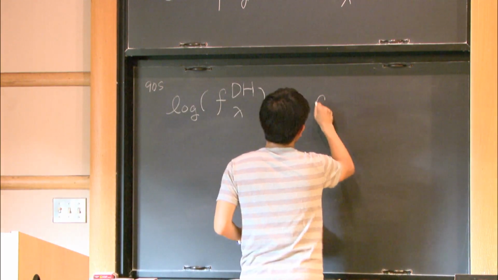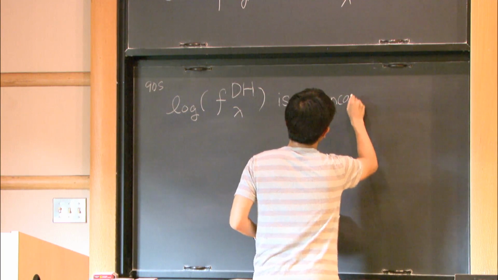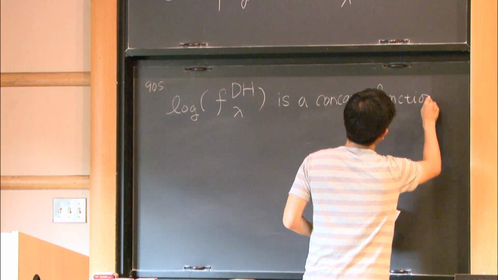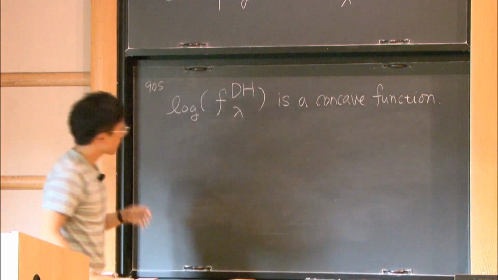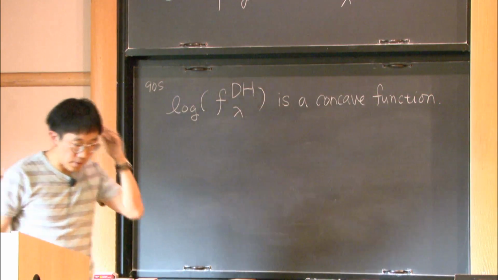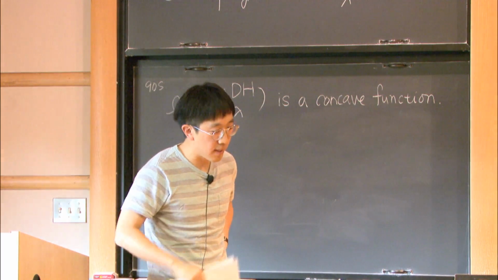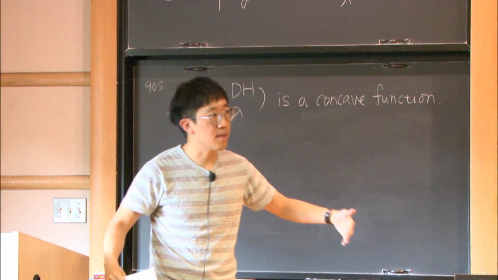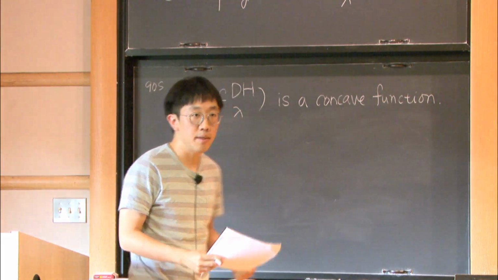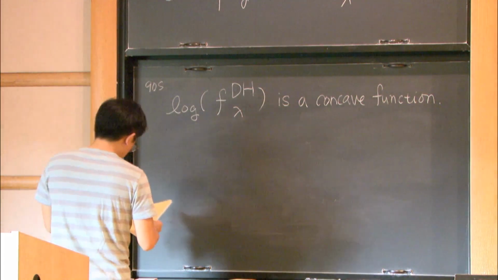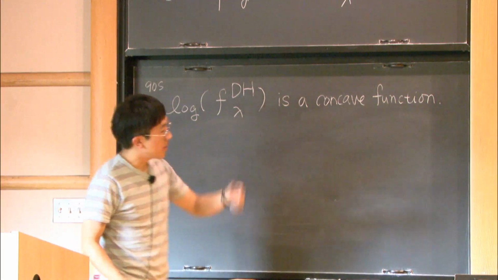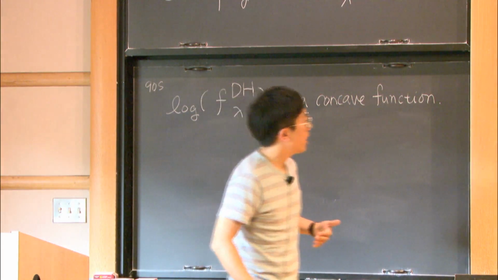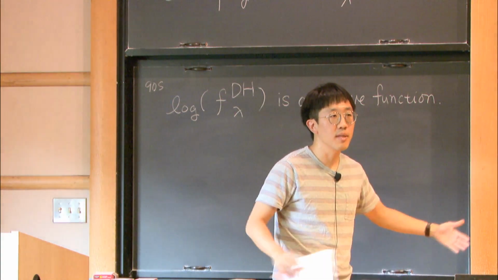It's in fact a concave function. So the geometry of the co-adjoint orbit tells us something about the distribution of weight multiplicities of a representation of the general linear group. And in this sense, in this setting, people usually say that the weight multiplicities are asymptotically log-concave.